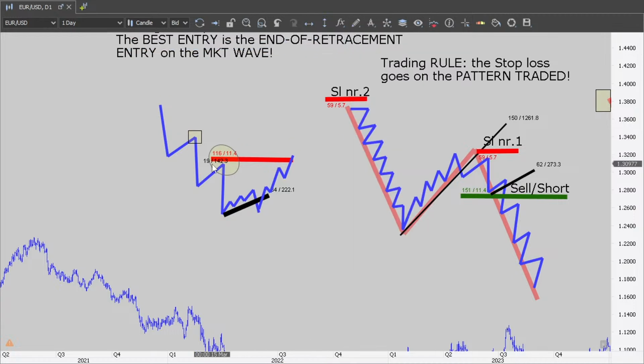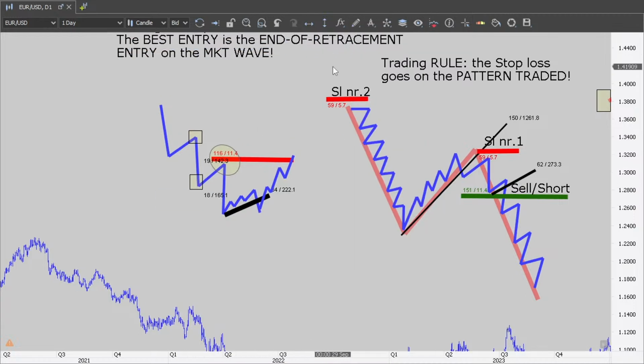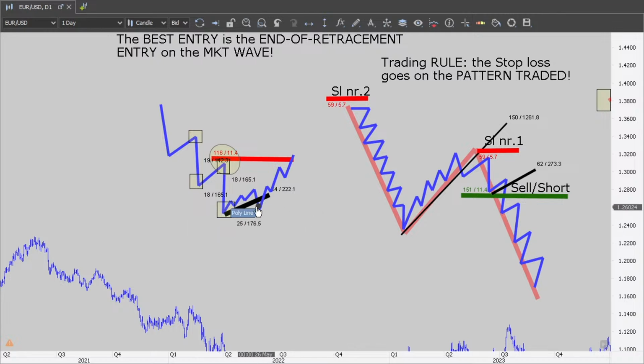Relevant high on the downtrend, relevant low on the downtrend, relevant high on the downtrend, relevant low on the downtrend. So you've entered here, the market reversed and stopped you out at the red. The market made the first higher high and we don't have a downtrend anymore. Do we agree on that?